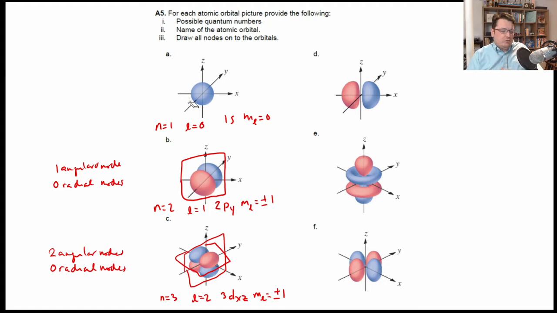If you're going to the f orbitals, you have 4 different combos. You have the 0, plus or minus 1, plus or minus 2, plus or minus 3. The ML equal to 0 is going to be your z cubed. And then you have your z squared x and your z squared y, and then after that it's like zxy, and then different things.